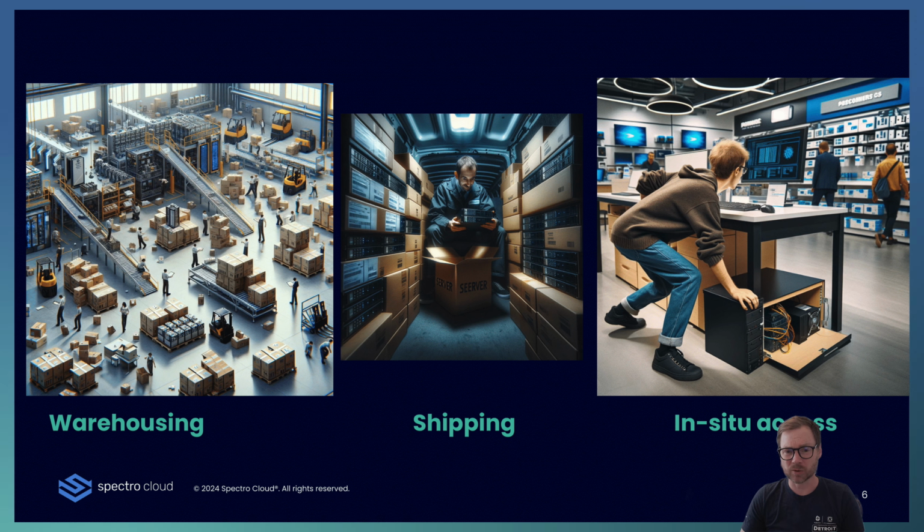Now, what are those challenges exactly? It's basically about physical security, either in warehousing, in shipping, in situ access directly at the final location where the devices are going to. There's a number of issues. There are third-party contractors, there are changes of shifts, changes of staff, poor background checks. There's always a pressure to fill staffing and get people in there.